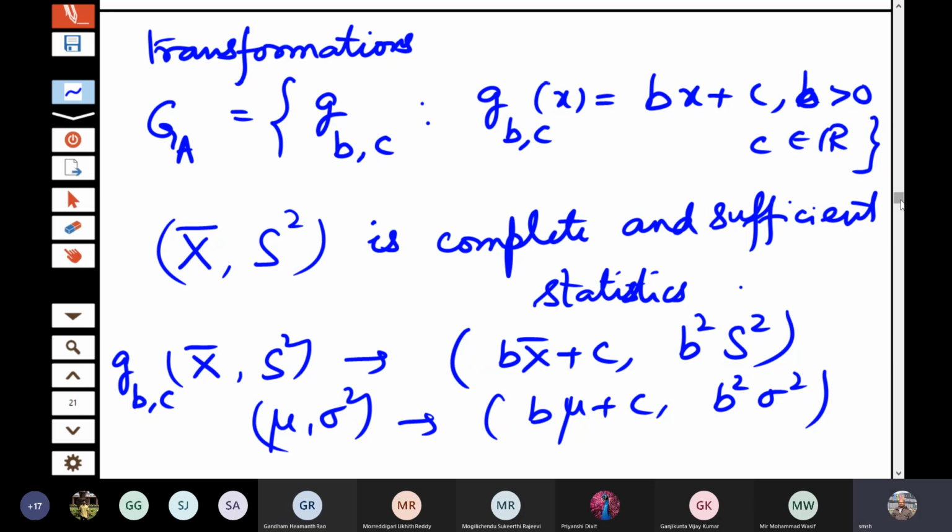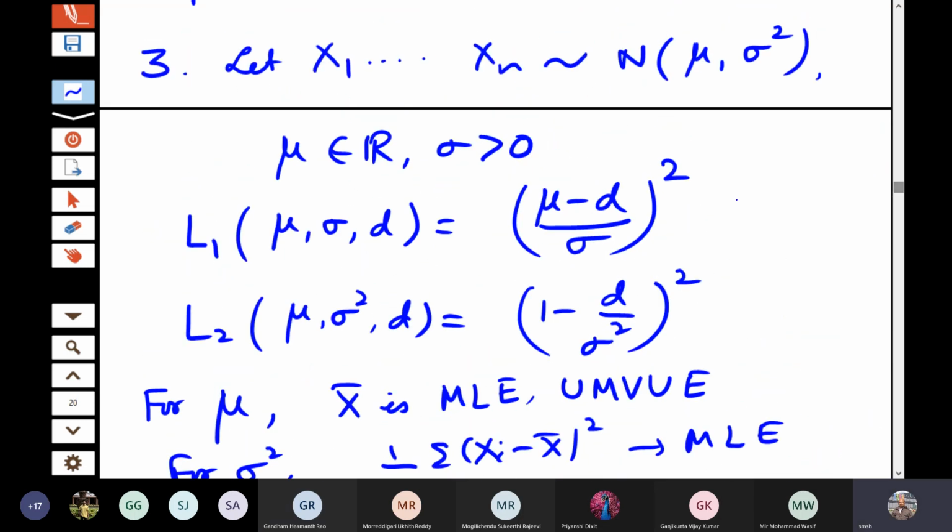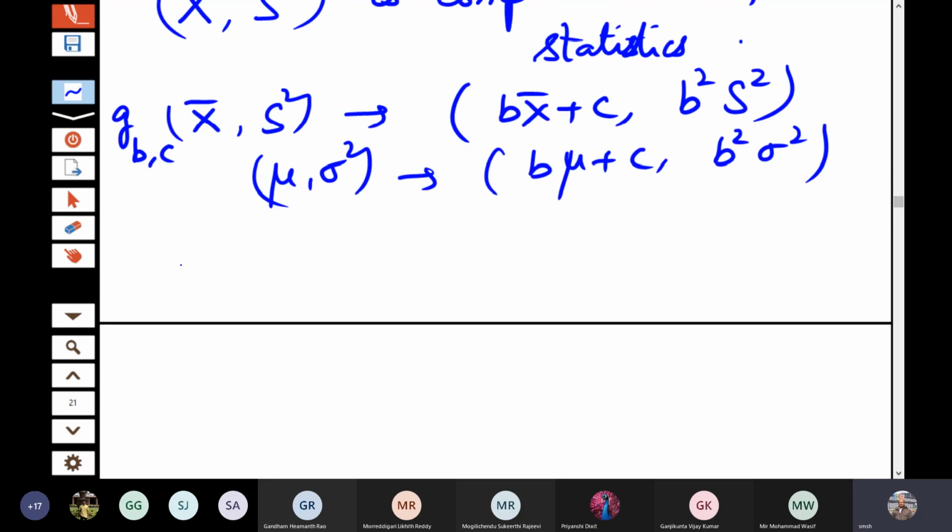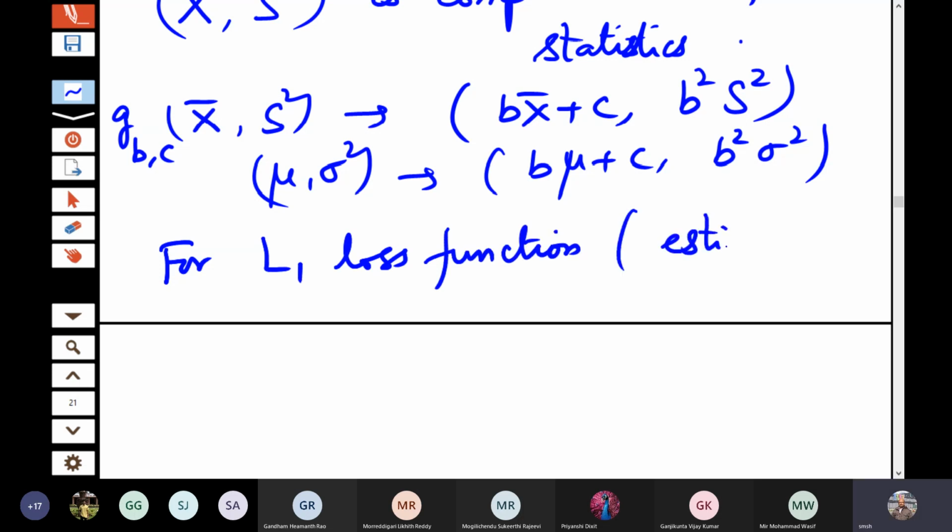Now the interesting part comes: we want to determine, for these two problems, the estimation problem of mu and the estimation problem of sigma square, the form of the equivariant estimators, etc. That is interesting, so let us look at that. So for the L1 loss function, that is estimation of mu, what do we have?